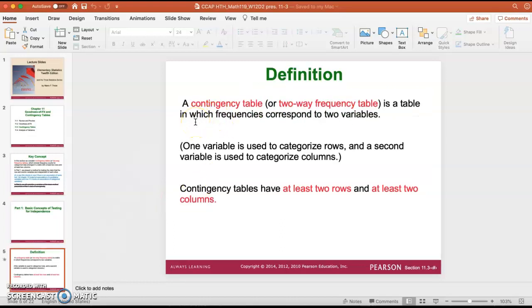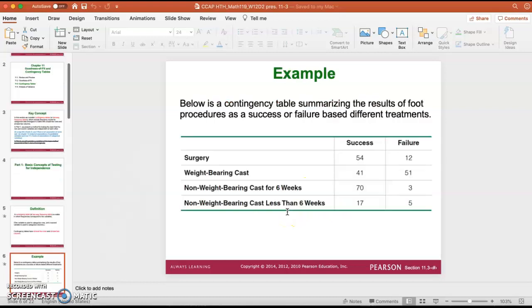For a definition, a contingency table or two-way frequency table is a table in which frequencies correspond to two variables. One variable is used to categorize rows, and a second variable is used to categorize columns. Contingency tables have at least two rows and at least two columns. They can have more of each. Below is an example of a contingency table summarizing the results of foot procedures as a success or failure based on different treatments.